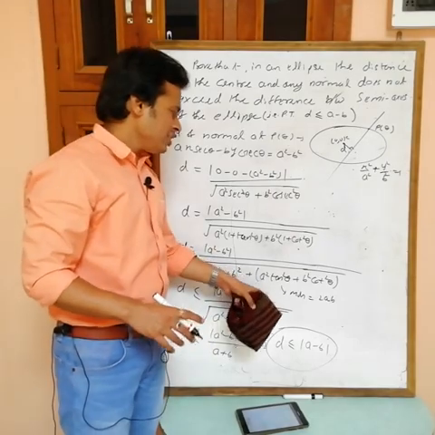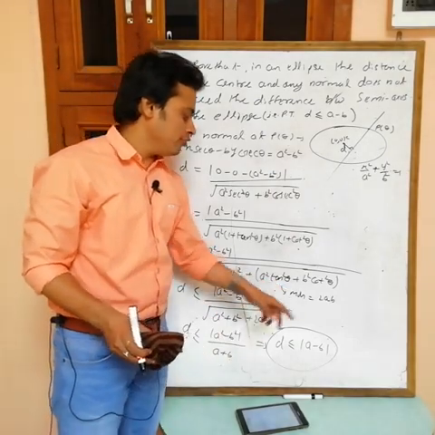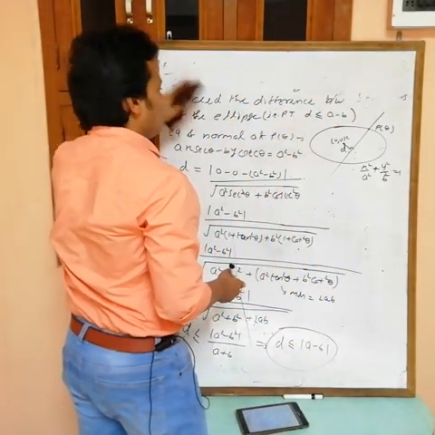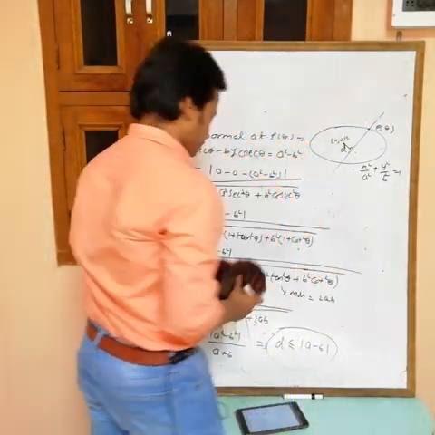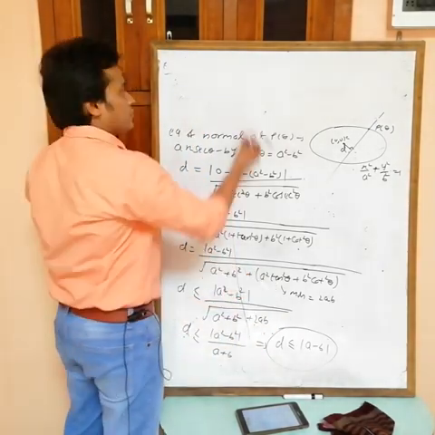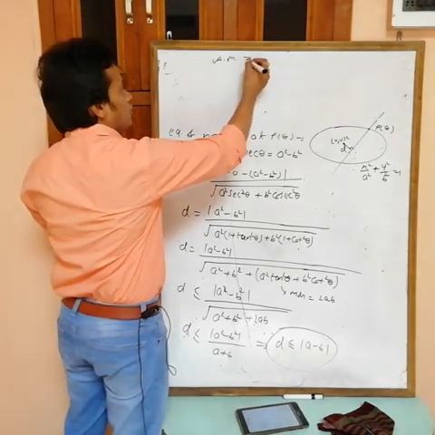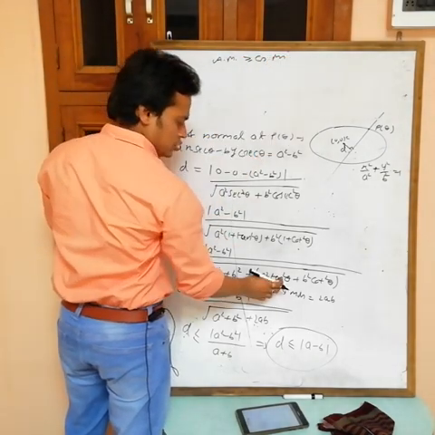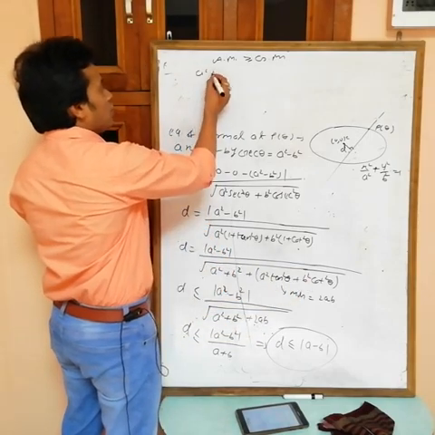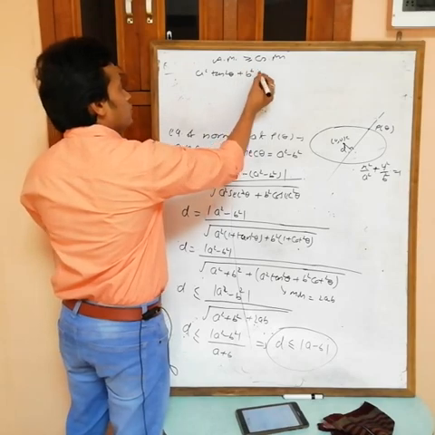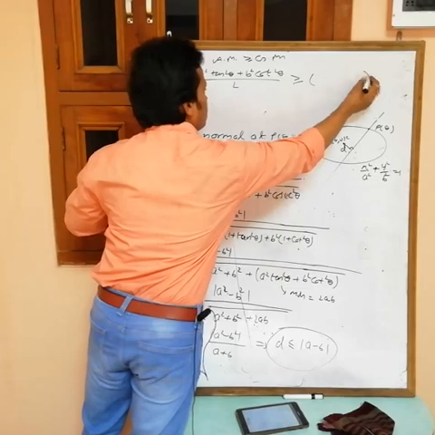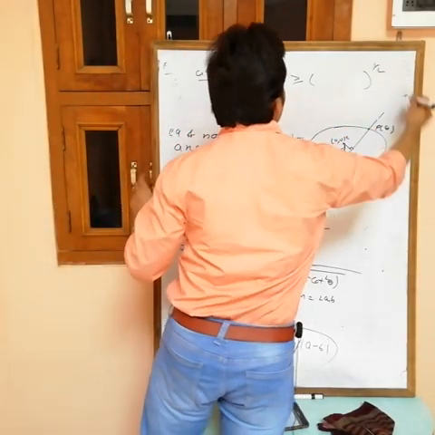Okay, now one minute. If you have confusion about how I am getting the minimum value of this one as 2ab, then see, I am writing it here. This is done now. To find the minimum value of this one, I am using AM greater than or equal to GM. Use it for these two quantities. The AM of these two is this one plus this one by 2, a square tan square theta plus b square cot square theta by 2, greater than or equal to GM, x into y whole power 1 by 2.